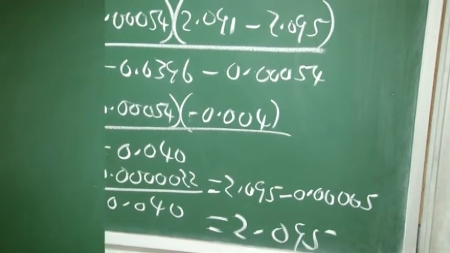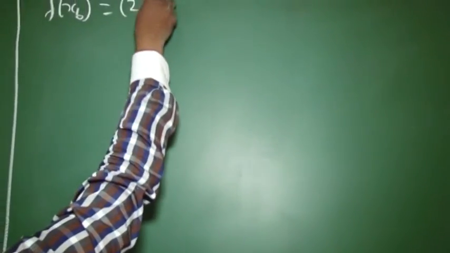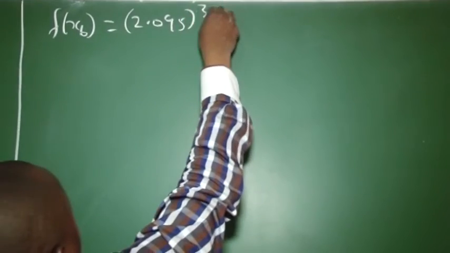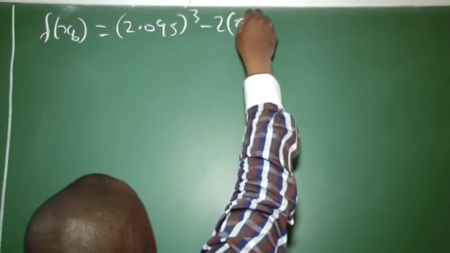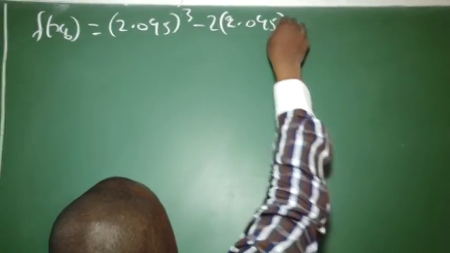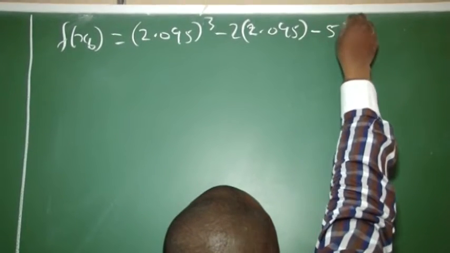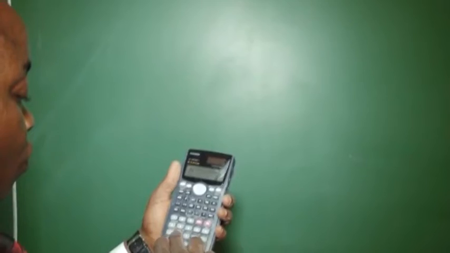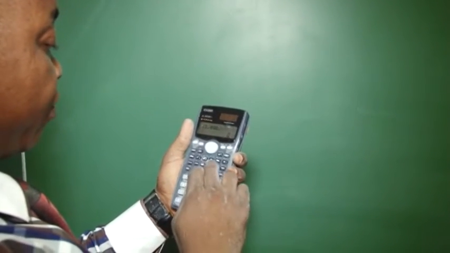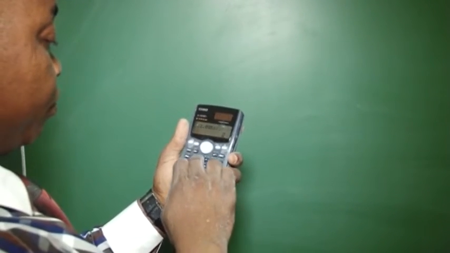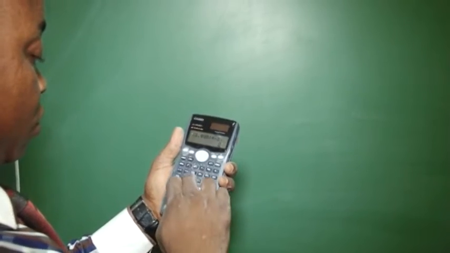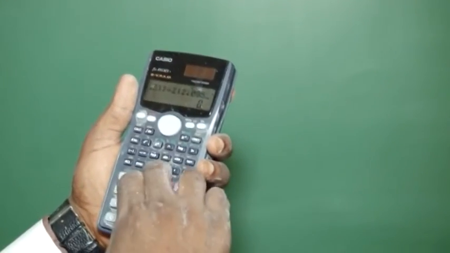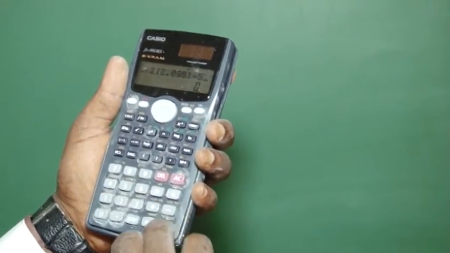Okay, so that is equal to 2.095. Now, f of x6 will be equal to 2.095 cubed minus 2.095 minus 5.